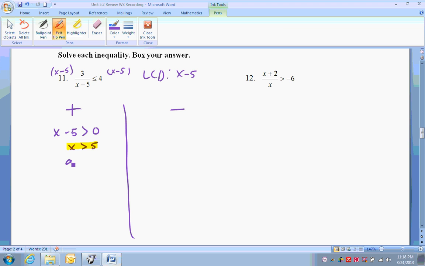Now, x must be greater than 5, and when we solve, we realize that the x minus 5s would cancel, and you'd be left with 3. And then the sign will remain the same because we multiplied by a positive number and not a negative. So 3 will be less than or equal to 4 times x minus 5. Then we go ahead and distribute the 4.